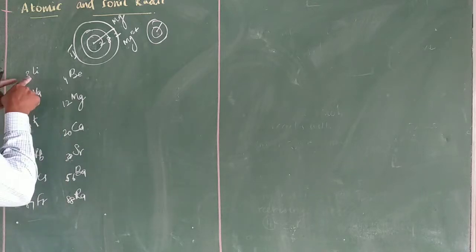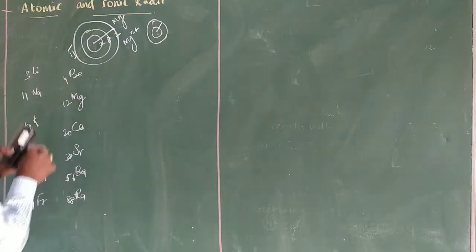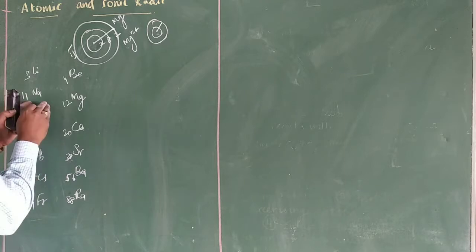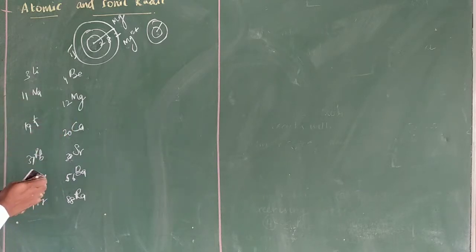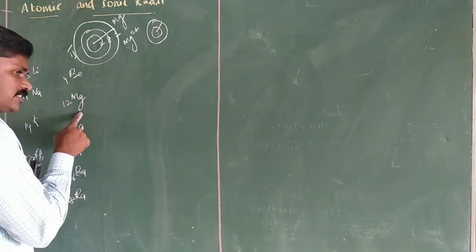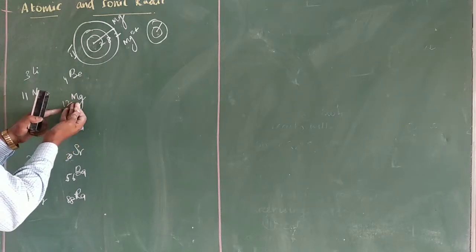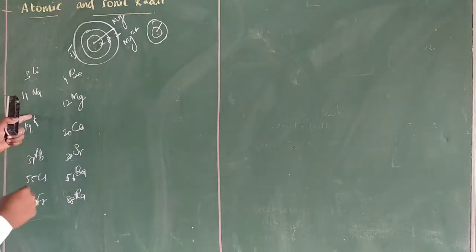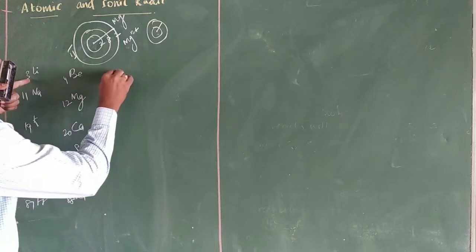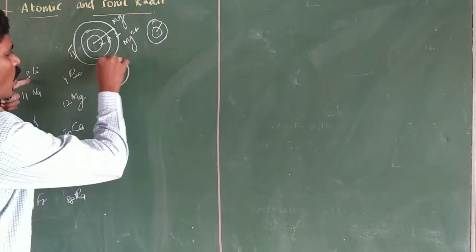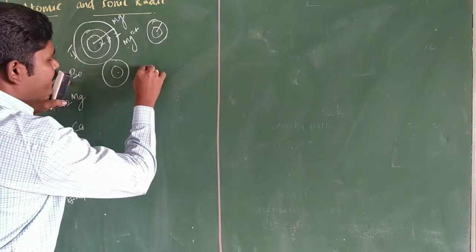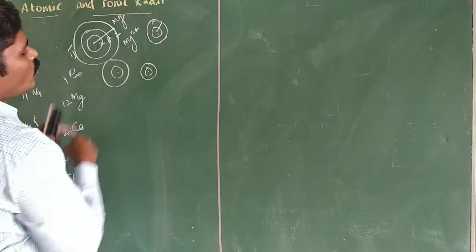Lithium is 3, beryllium is 4. The nuclear charge of alkaline earth metals increases compared to alkali metals. Lithium is 2, 1, but beryllium is 2, 2.